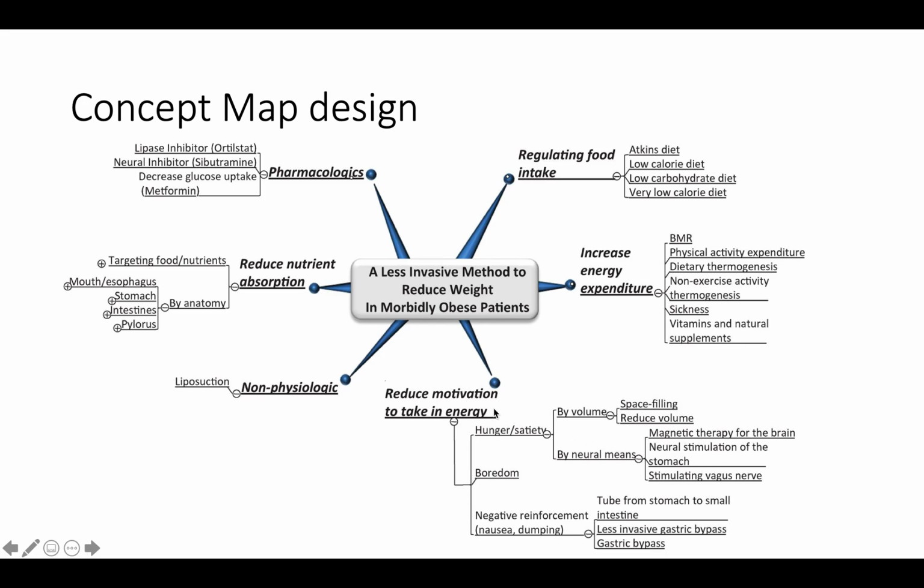Magnetic therapy. Non-physiologic, so liposuction. Reduce nutrient absorption using anatomy, something like in the intestines or in the stomach. And there's pharmacological ways such as inhibitors and some sort of pill.